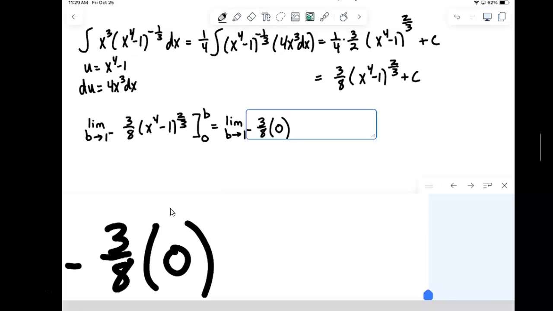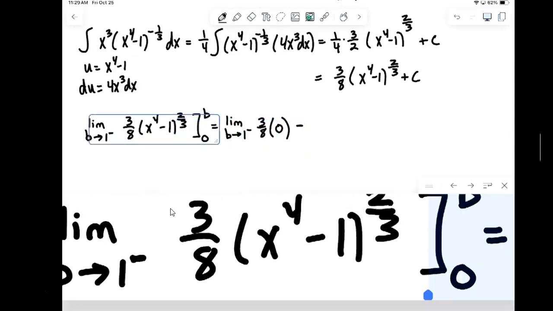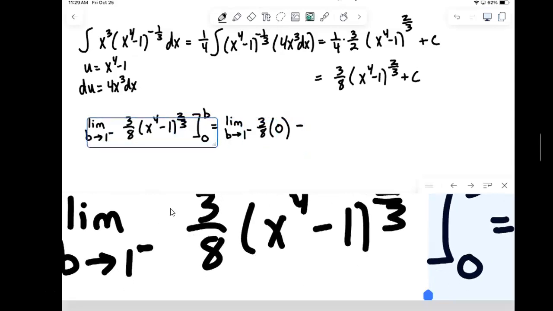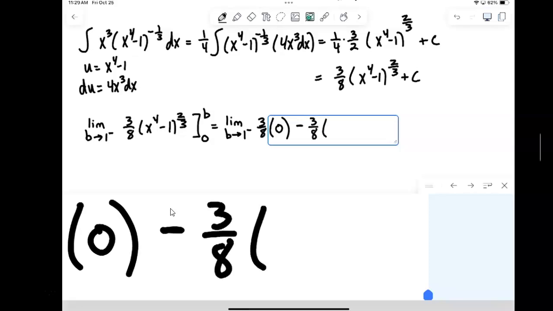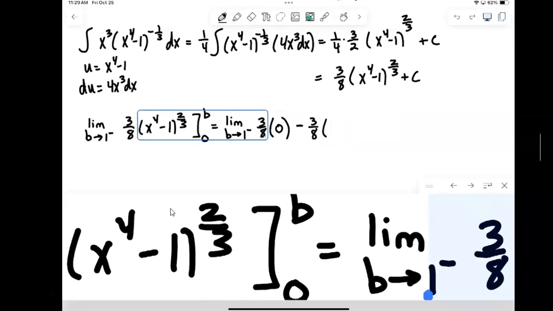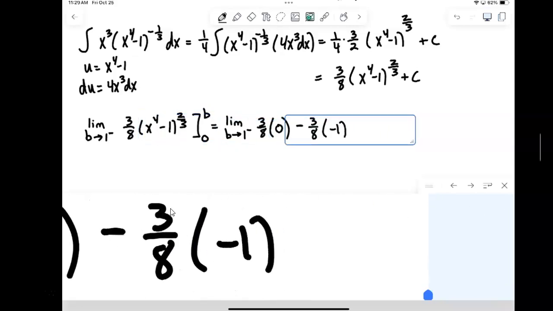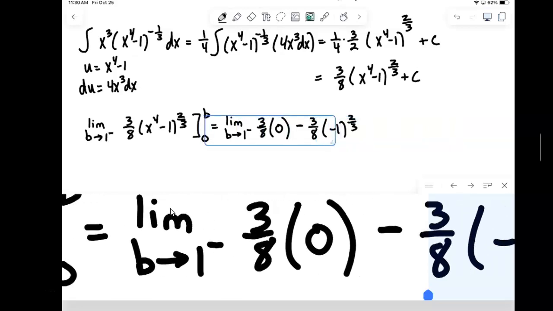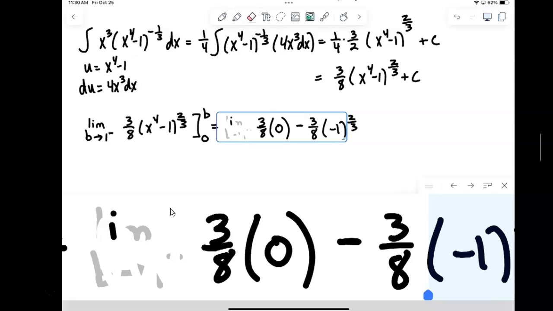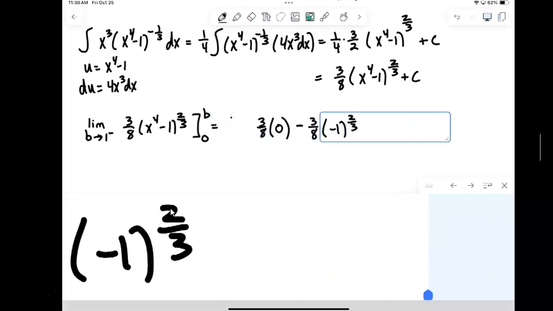And then minus, and then we plug in 0. And when we plug in 0, that's going to be 3/8 times 0 minus 1, which would be minus 1 to the 2/3. So all told, I don't even need the limit there since I already took the limit. So all told, this will just be negative 3/8.